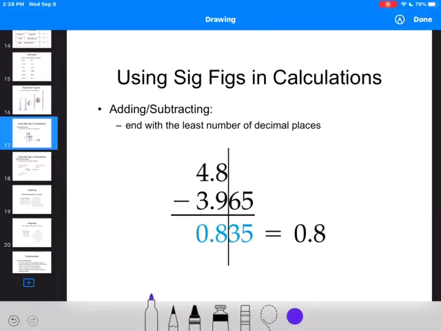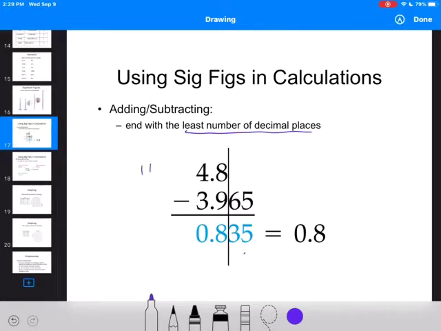So if I look at this example, if I'm taking 4.8 and I have to subtract 3.965, 4.8 is my value with the least number of decimal places. So I push the buttons in the calculator, give myself a screen dump right there, but then I have to fix it. I realize that once I push my buttons on my calculator, I'm only allowed to have 1 decimal place.